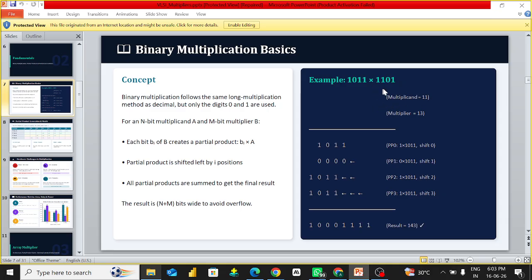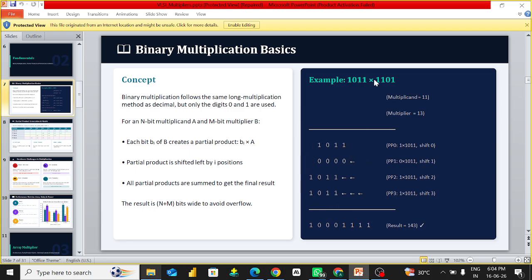If you are going to multiply these, the first term is called the multiplicand, and the second term is called the multiplier. From the multiplier, each digit is multiplied with the multiplicand, and that's how you get this answer.